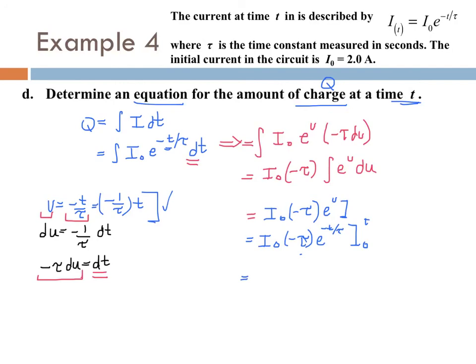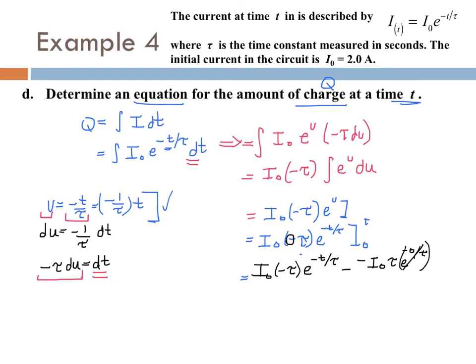So when I evaluate this function, I get I naught negative tau e to the negative t over tau minus a negative, I'm going to go ahead and pull that negative to the front, I naught tau e to the 0 over tau. Now you need to be careful because e to the 0 power is just 1.